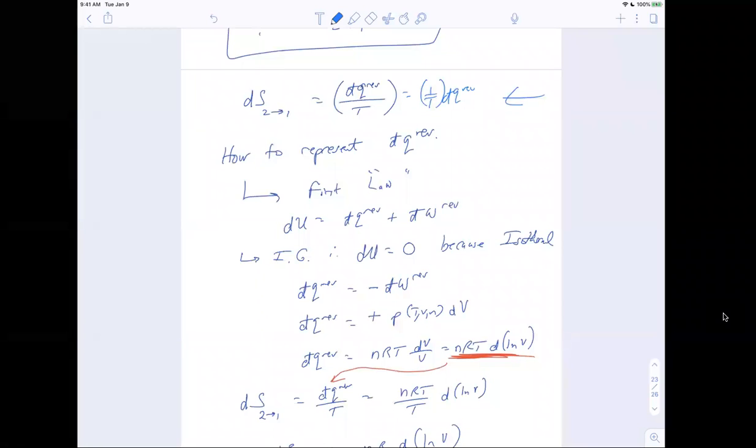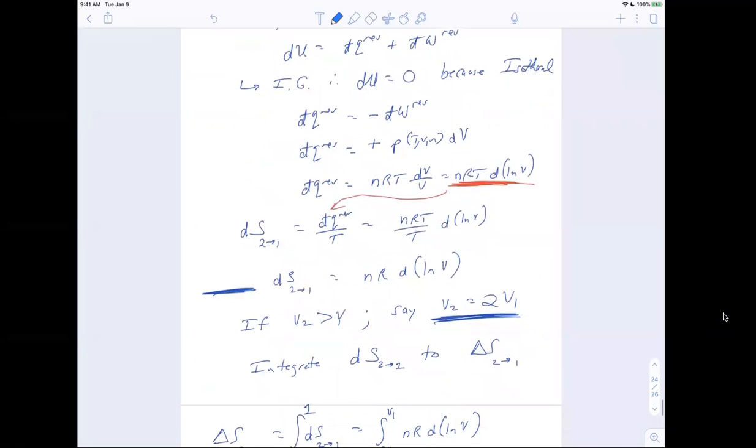It's sort of a useful bit of approach to problems if you have to use this expression. The first law, in this case, again, as I mentioned, in the ideal gas case, because we have a reversible process from 2 to 1, which is isothermal, dU is 0. And so that gives us a very easy expression for dq reversible in terms of work. And we know what work is. That's very simple. And so we can go through this analysis. Now this should be all straightforward from our first part of the course on the first law.